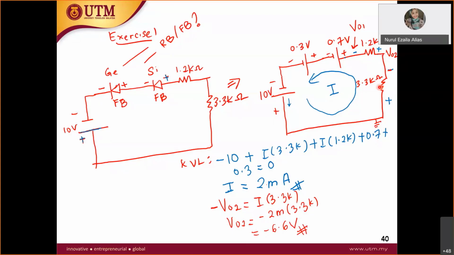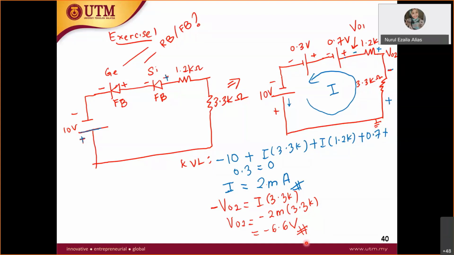Let's take a look at V01. Along the way from this V01 to the ground, it not only has 1.2K, it also has the 3.3K to the ground. So from this particular point to the ground, it has to meet two resistors, 1.2K and 3.3K.